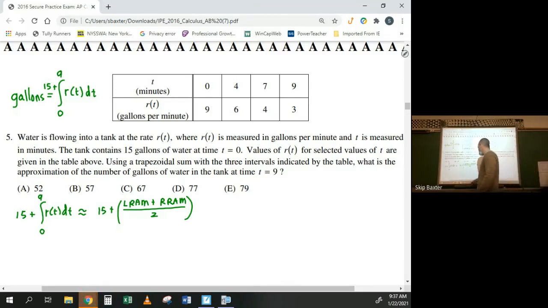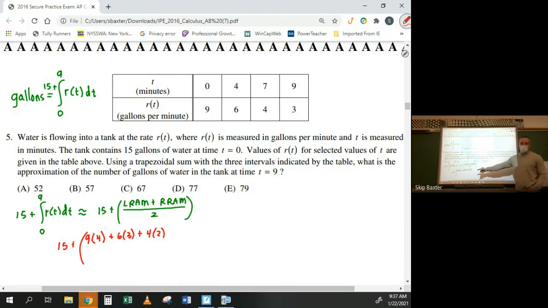So this ends up being a lot of writing. 15 plus, the LRAM is going to be the height of the rectangle at the left-hand endpoint, which would be 9, times its width, which is going to be 4, the difference of the t values, plus 6 times 3, plus 4 times 2.